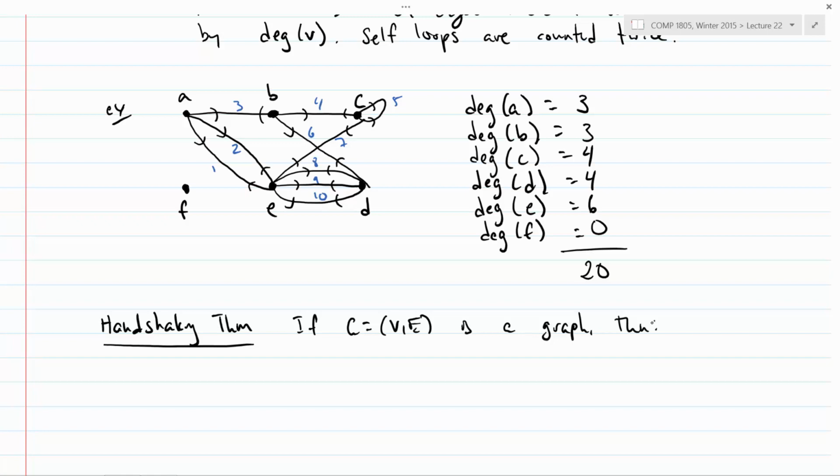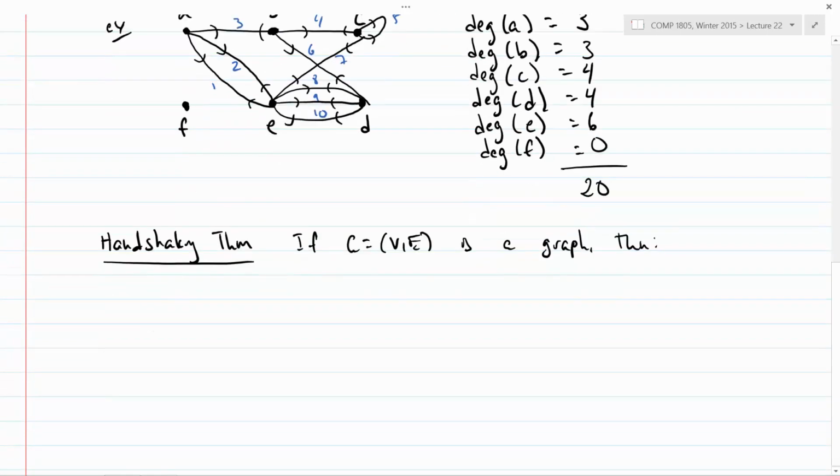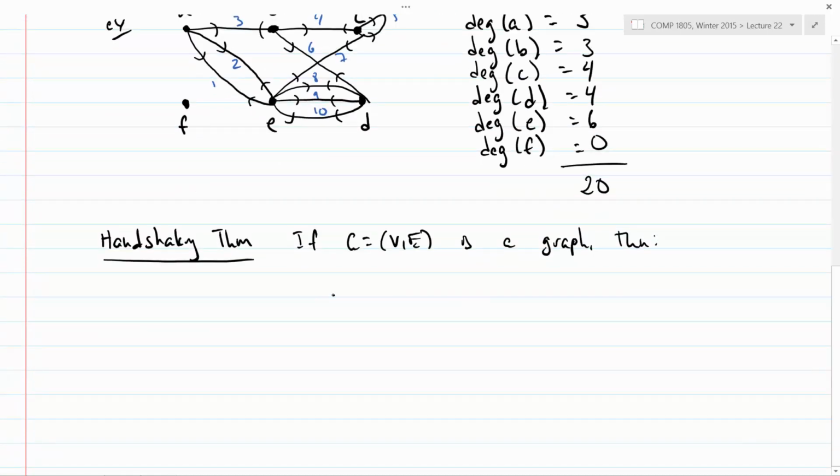And because I've paid very close attention in this course, I know a very concise way of saying that exact thing. The sum over all vertices V in my set of vertices of the degree of V is equal to 2 times the size of the edge set.